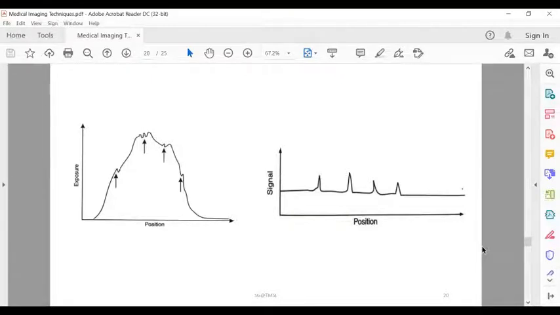If these small signals are amplified, it leads to saturation of the display system by the large background signals, and the subtracted profile is with the uniform background and the vessel image that is shown over here on the right hand side.